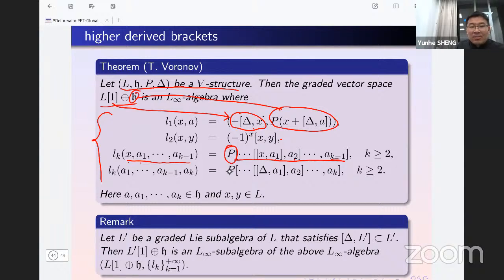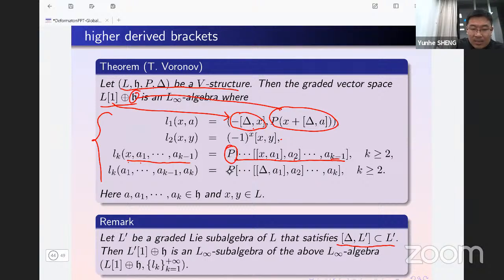And this is a very powerful approach to construct explicit L infinity algebra structures. But in general, this L infinity algebra structure is too big. We will need a smaller one. So let L prime be a graded Lie subalgebra of L such that the bracket of delta and L prime is contained in L prime.